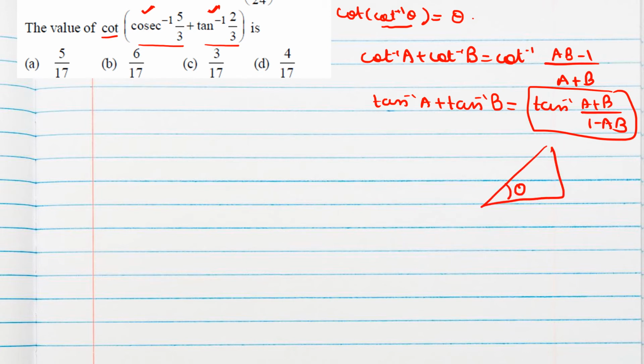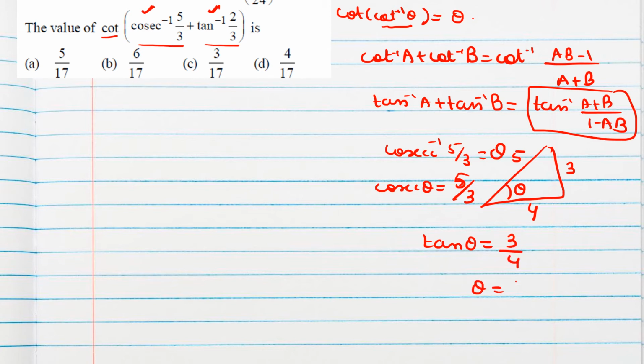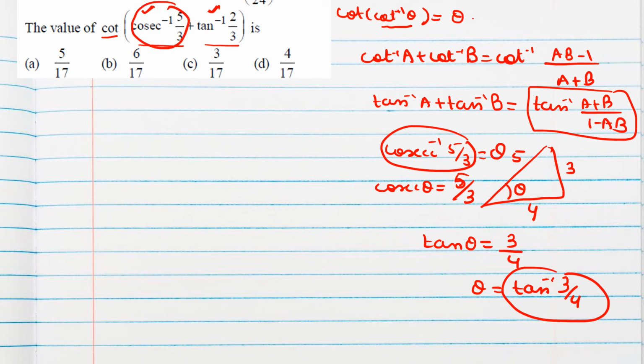So cosec inverse 5 by 3 is theta, so cosec theta will be 5 by 3. 5 by 3 means hypotenuse by opposite. In this triangle, if we find tan theta, we will get opposite by adjacent, that is 3 by 4. So theta will be tan inverse 3 by 4. Theta is cosec inverse 5 by 3, but we got theta as tan inverse 3 by 4. So here I can write tan inverse 3 by 4.